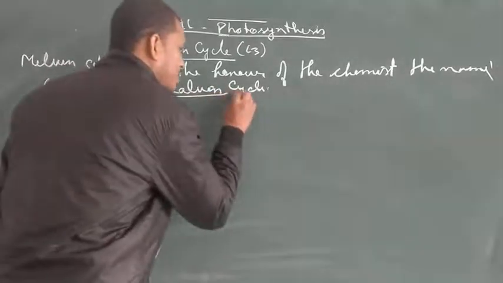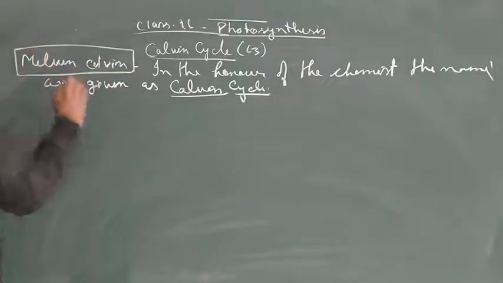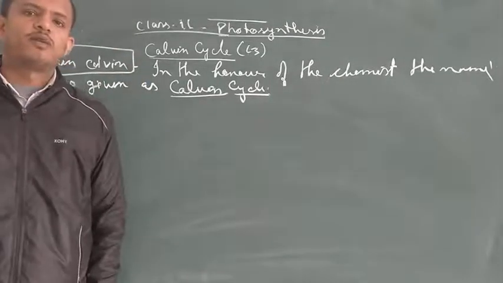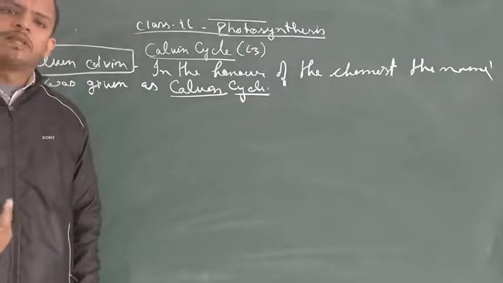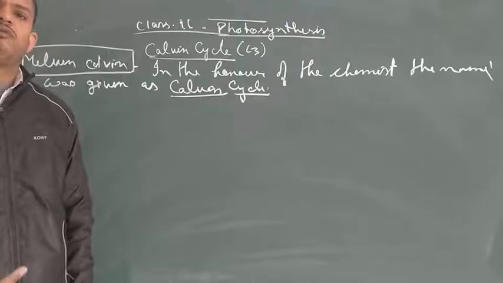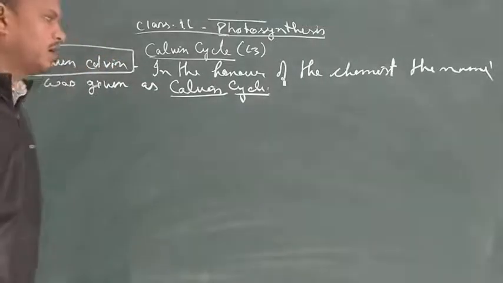But actually not only Melvin Calvin, he has supporters. He has a few supporters, other persons in his group who have played a very important role in the study of the complete pathway of the C3 cycle. So who are the other scientists?